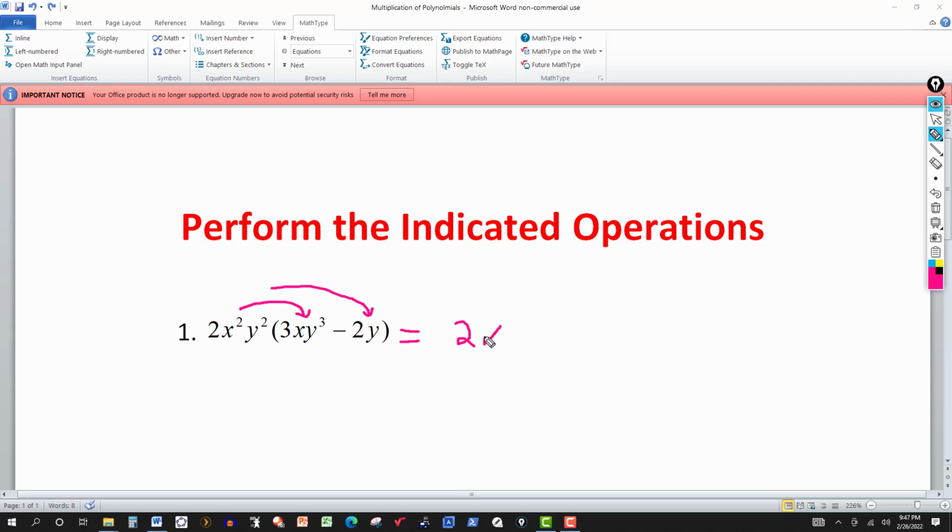Say, okay, this is going to be 3x squared, y squared. Could write this in parentheses just to emphasize that this is going to multiply the first term inside the parentheses there, 3x, y cubed.